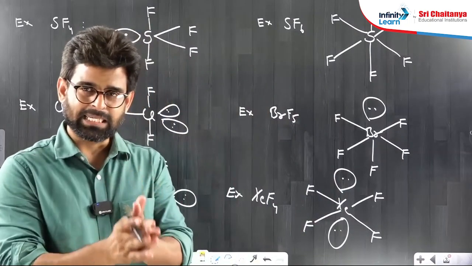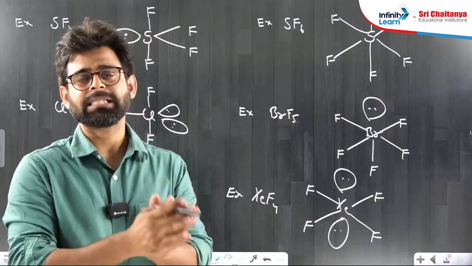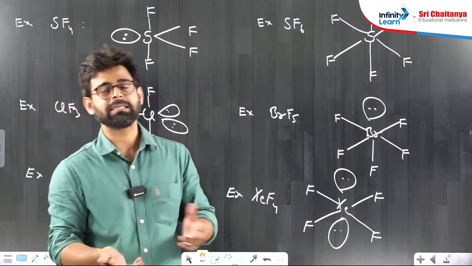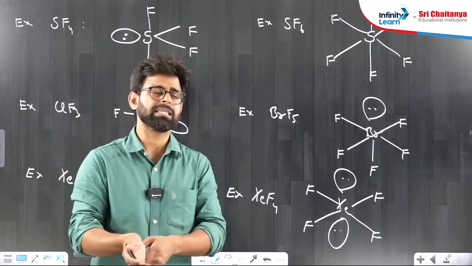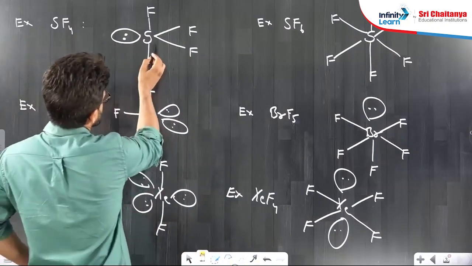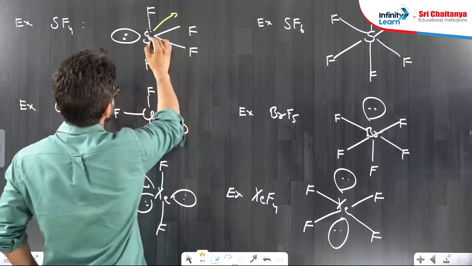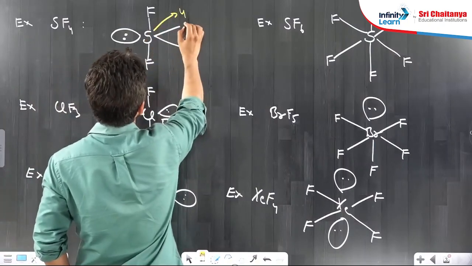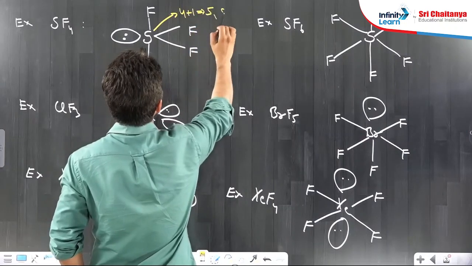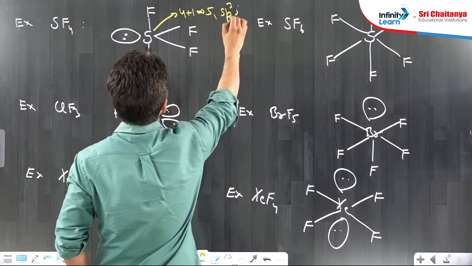There are other techniques as well to find hybridization, but the best one is using the structure. Because if you know how to draw the structure, it will help you in many ways, not only in hybridization, many ways, right? So now you find sulfur here is having 4 sigma bonds plus 1 lone pair, total 5. 5 means you know it is what? sp3d.